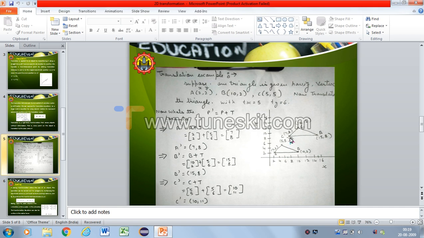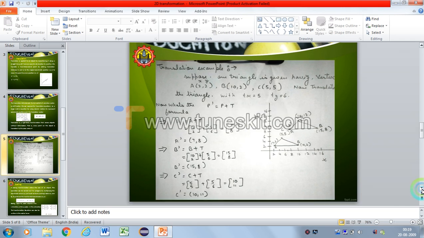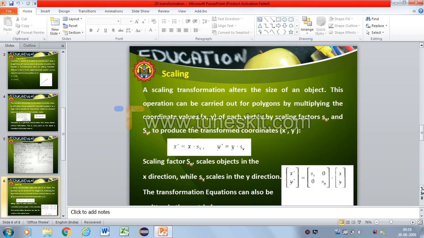You see, after applying the transformation equation on the original coordinates A, B, C, your object moves from one position to another, right class? Now we move to our next topic, that is scaling.